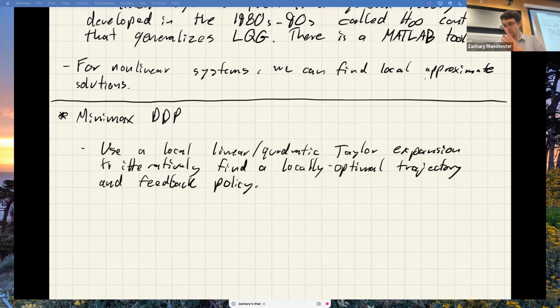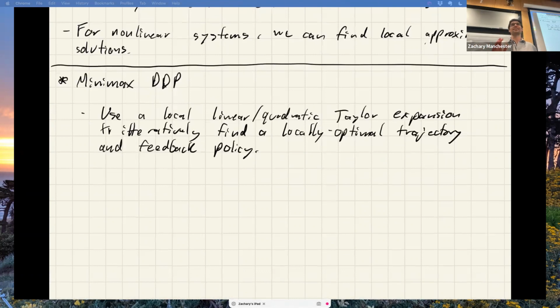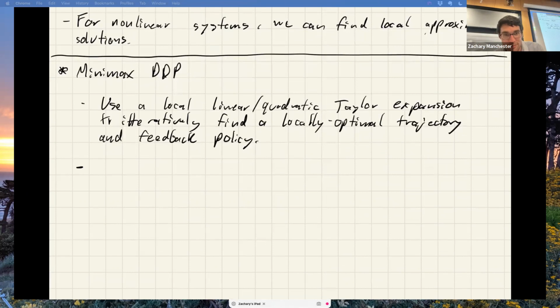There's been a lot more recent work on this Minimax style multiplayer DDP stuff for more general games, not necessarily the robust control setting, but for multi-agent driving, non-cooperative game models, which is kind of fun.